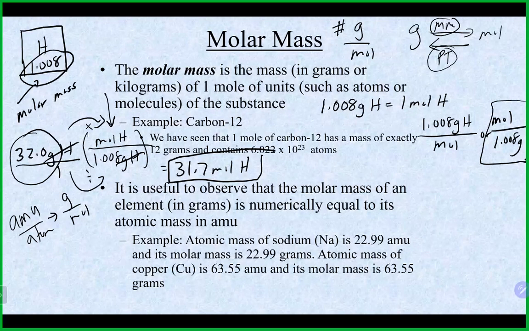So when we look at sodium, 22.99 AMU per atom, sodium's molar mass is 22.99 grams per mole. Copper's atomic mass is 63.55 AMU per atom, its molar mass is also 63.55 grams per mole. Again, we use molar mass more because it gives us that gram unit, which is much more useful in practical application in terms of our calculation, but they are numerically the same.